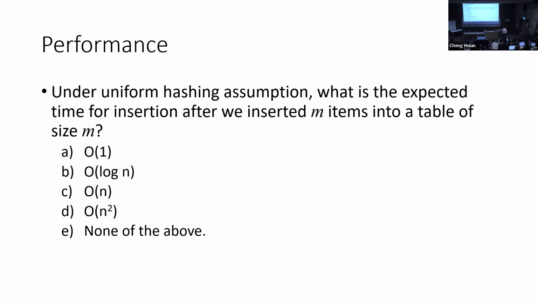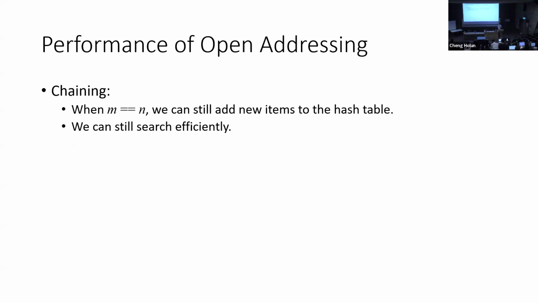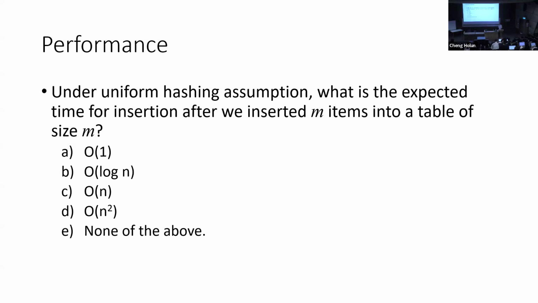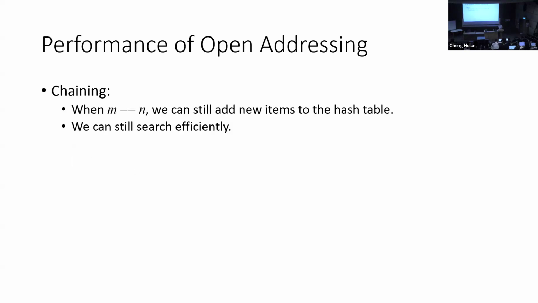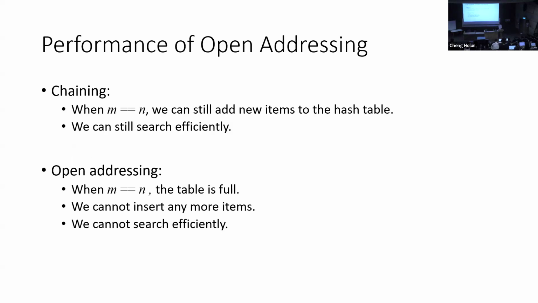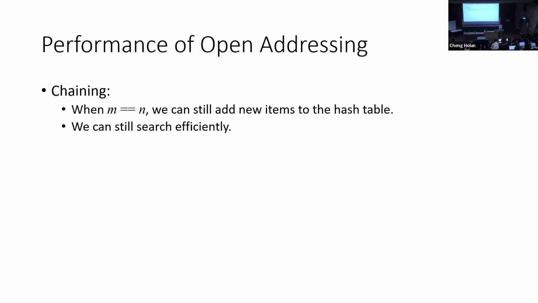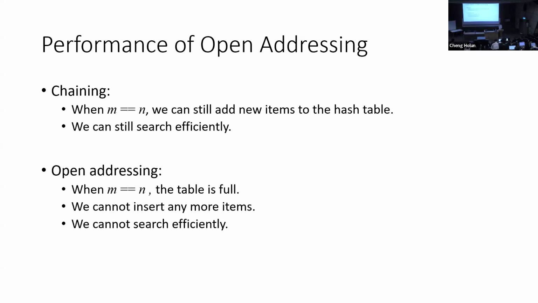Actually, next time we'll talk about what if we insert items when the table is full, which is the next question. For chaining, it's okay, because N is equal to M, so the performance is still constant time, since each chain is short. But for open addressing, when the table is full, you cannot insert anything.